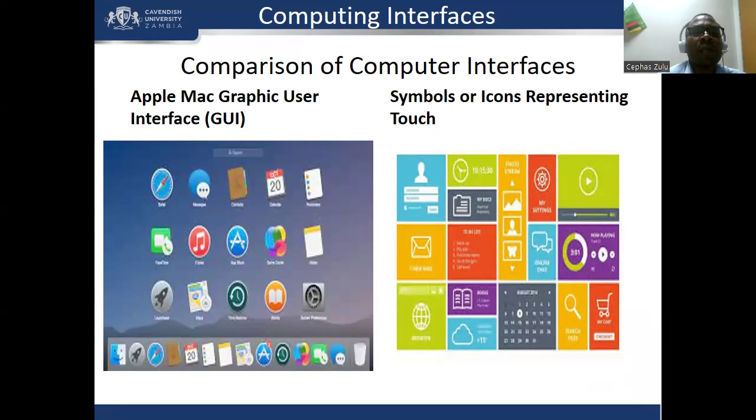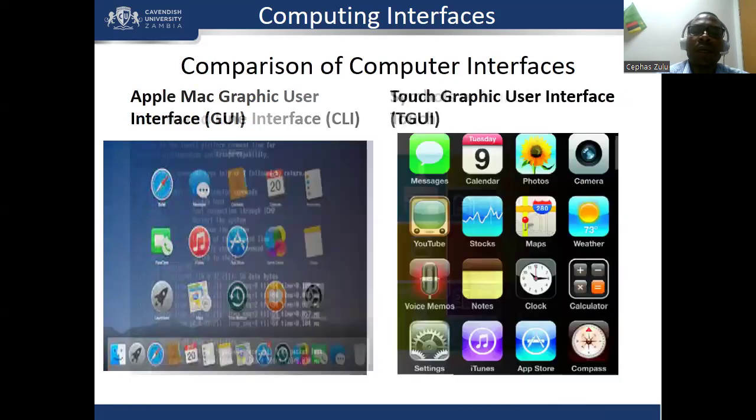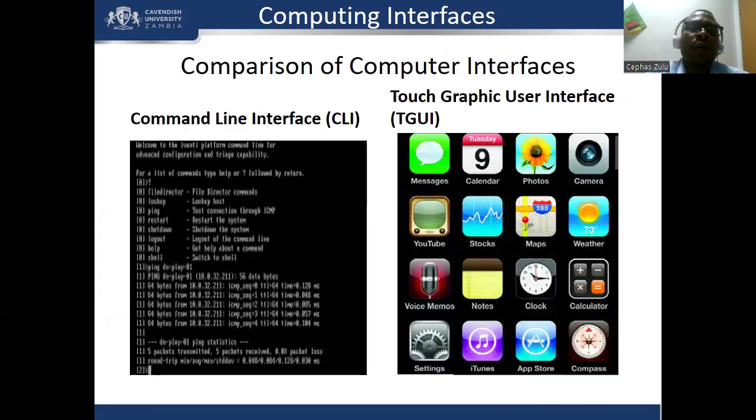So you can see the Apple graphic user interface. Then there's also the symbols used to represent the touch. And then now we've got an example of command line interface, which is used where you can see black and white there.